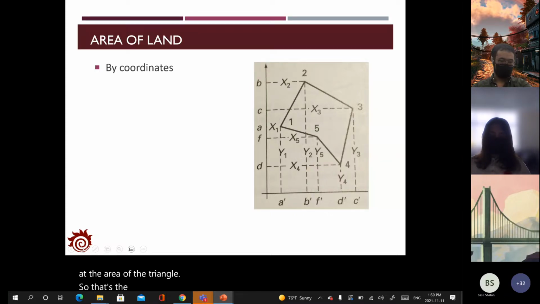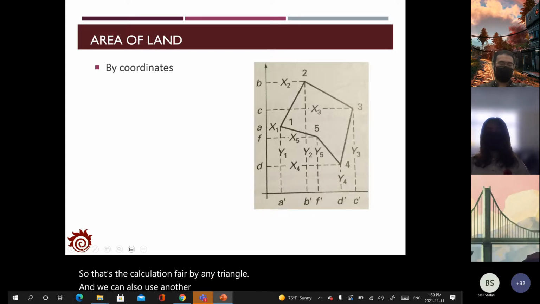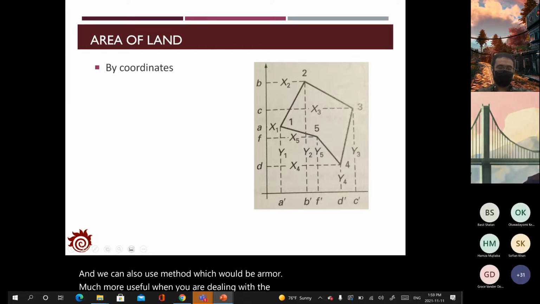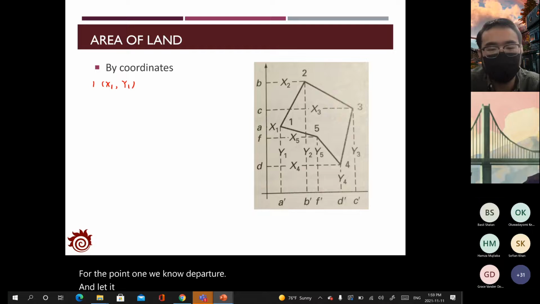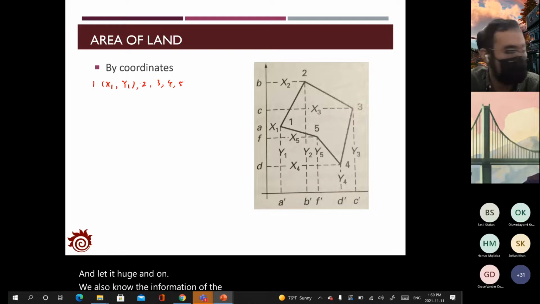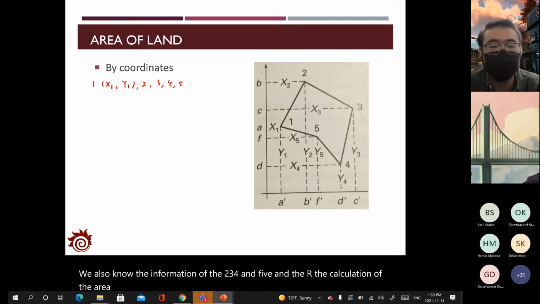So that's the calculation by the triangle. And we can also use another method, which would be much more useful when you are dealing with multi-sided polygons. Say that we have a 5-sided polygon, and we know the coordinates of each point. For point 1, we know the departure and latitude, and we also know the information of points 2, 3, 4, and 5.